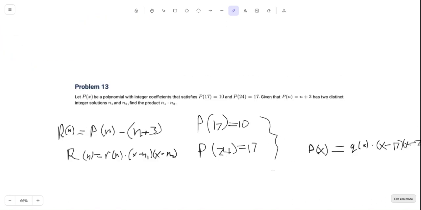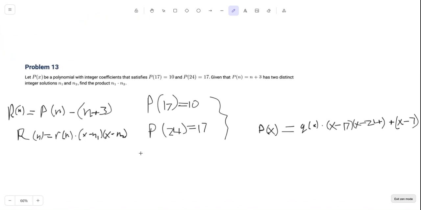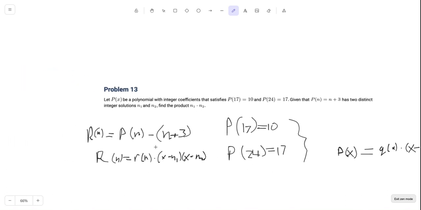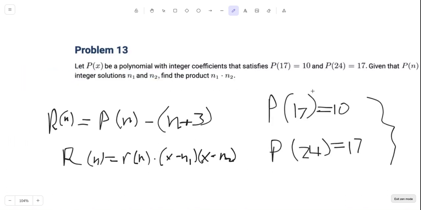So first of all, let's look at this closer. What if we plug in r of 17 and r of 24? We can use this formula here.